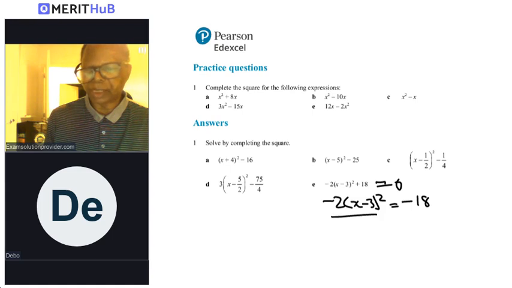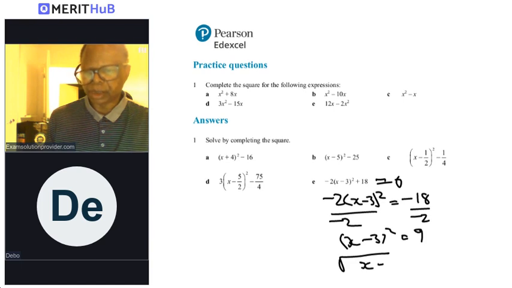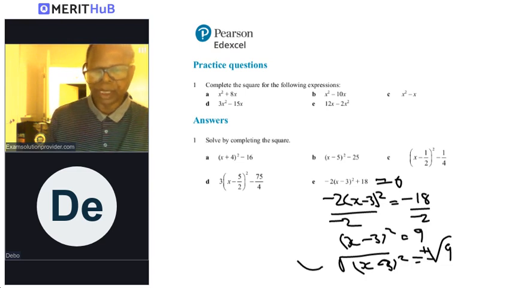Then you divide both sides by -2, so we have (x minus 3) squared equals 9. Then you take the square root of both sides, giving x minus 3 equals plus or minus 3.